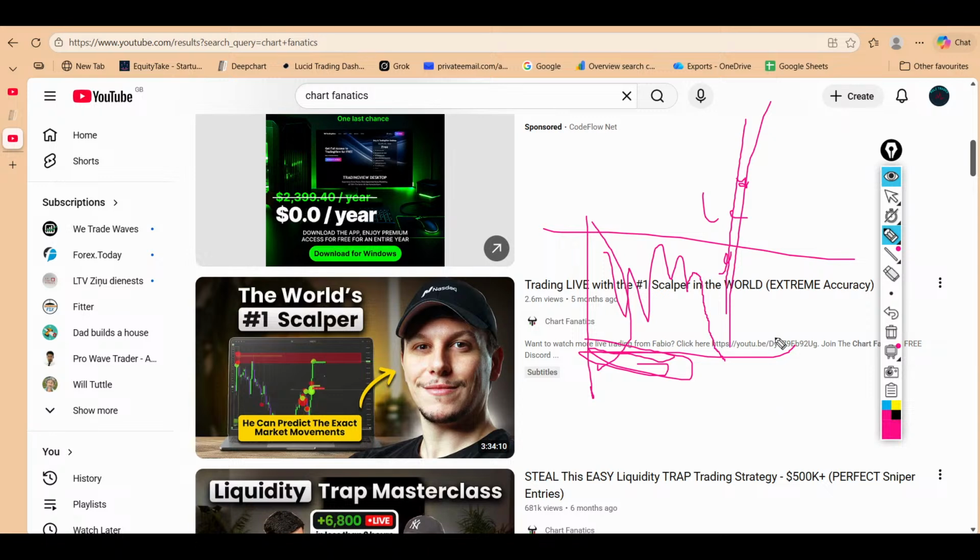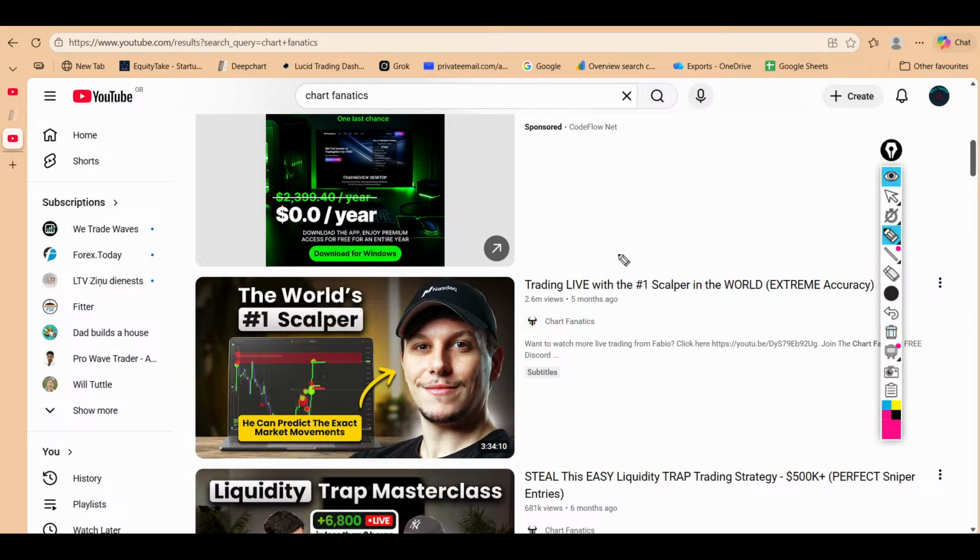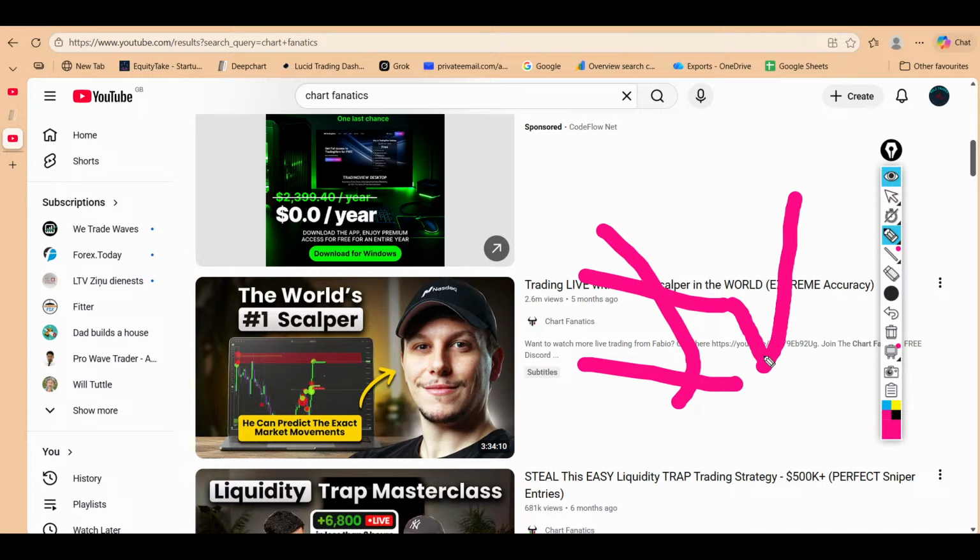Another session. There are two sessions with Chart Fanatics. Let's say this is the volume profile. The price came back and he entered right on reversal.